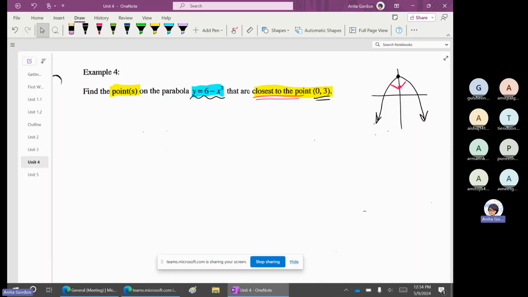How did we identify, or example 2 or whatever? Are we looking for a minimum or a maximum? We're looking for a minimum. A minimum what?